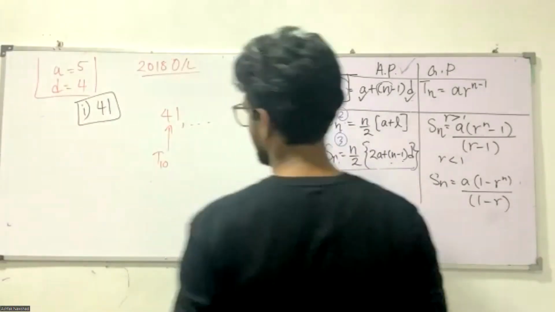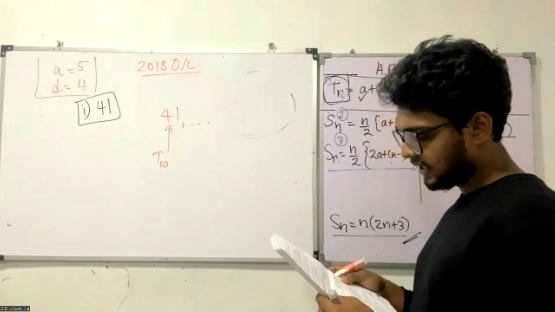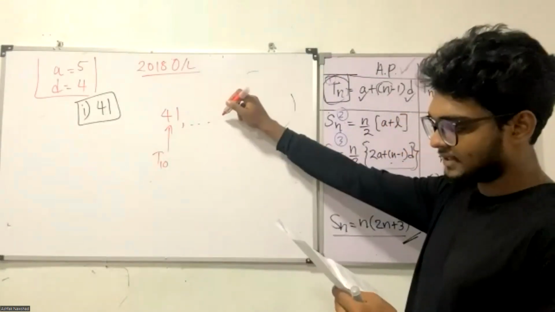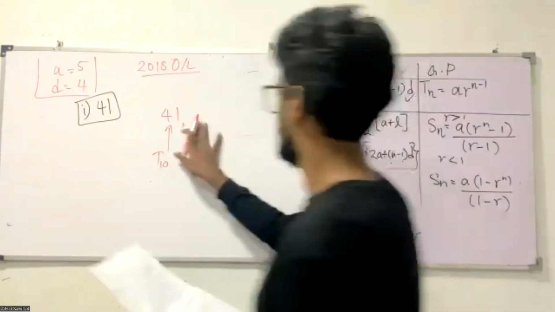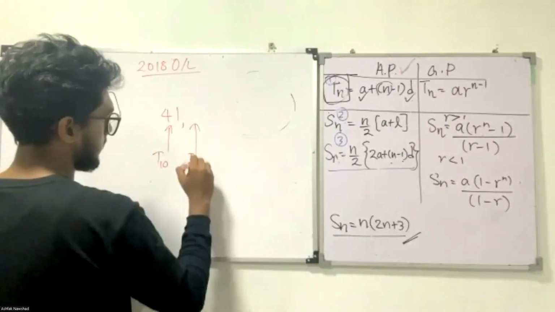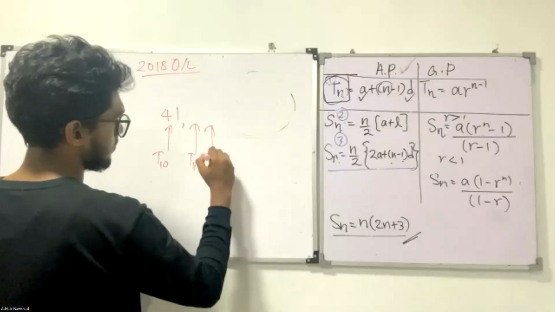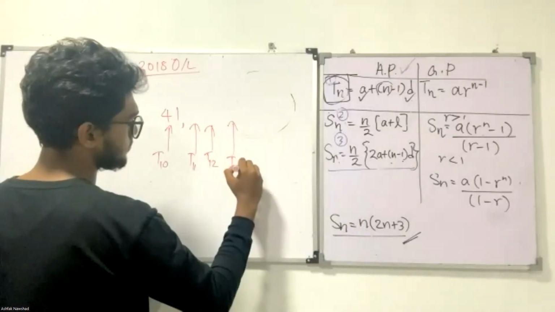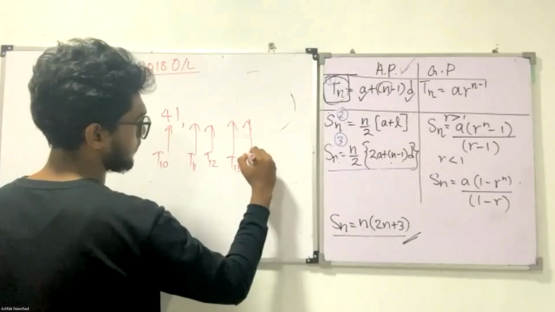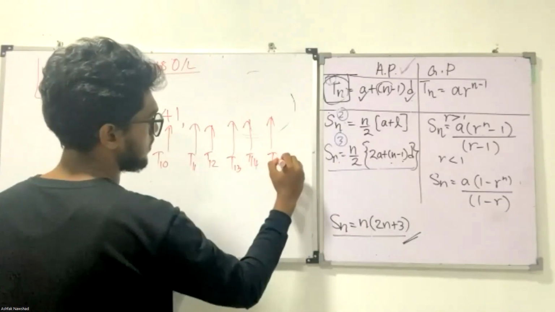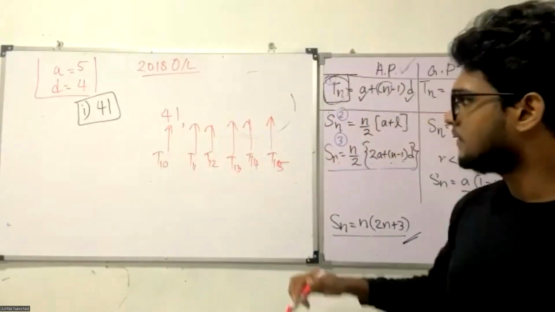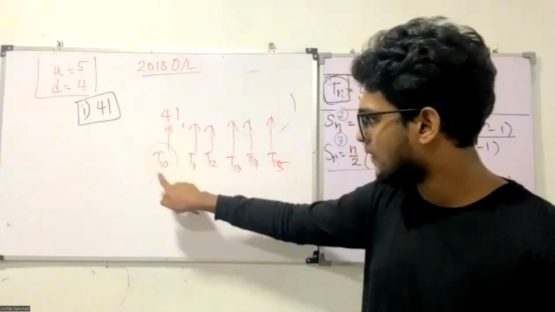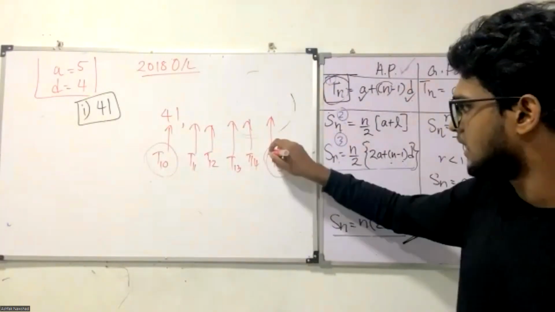And they say, starting from the 10th circle, every circle which counts as a multiple of 5. So the 10th circle, then the 11th, 12th, 13th, 14th, and the 15th one. Every circle which counts as a multiple of 5, which means 10 is a multiple of 5, and then 15.